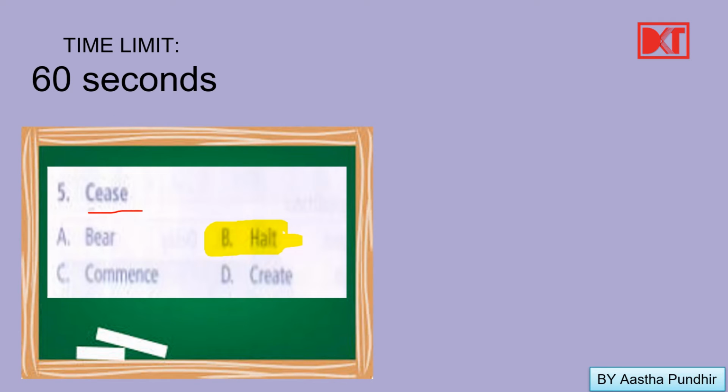The other ones, bear, it could refer to the animal bear or it could refer to the act of tolerating. Then the other one, C, commence and create. Commence refers to starting. Create again refers to making something, could also be called a starting point. So both of these could be called synonyms. Okay.